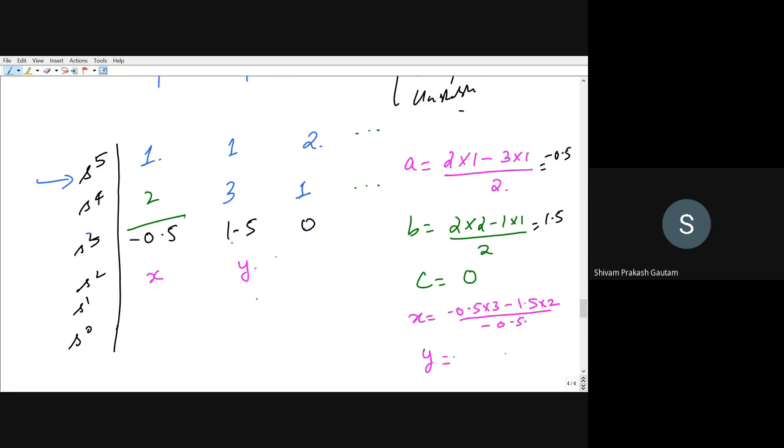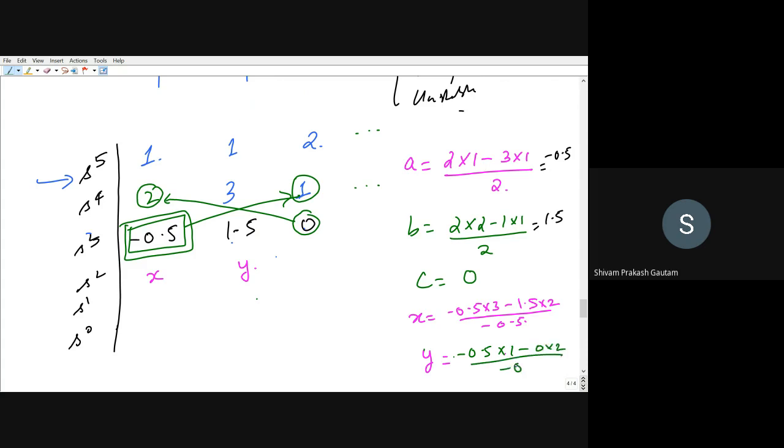So y will be equal to this term multiplied by this term minus 0 multiplied by this term, whole divided by minus 0.5. I hope you are following the pattern, that is minus 0.5 multiplied by 1 minus 0 multiplied by 2, whole divided by minus 0.5. So from here you can calculate x and y.